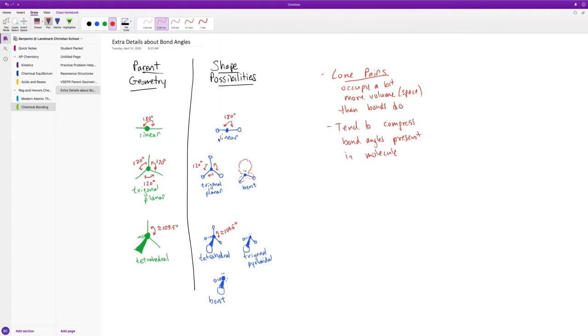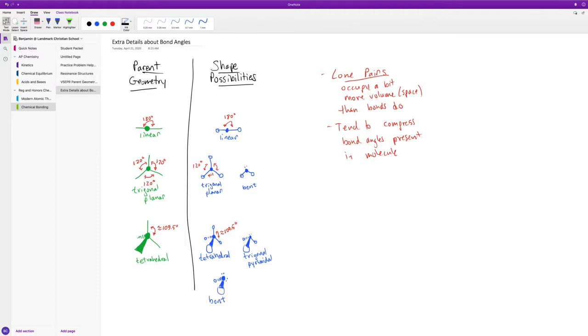So what we have to do is consider the parent geometry and then think about what the effect of a lone pair would be. In a molecule with this particular bent configuration, let me just erase the whole thing and redraw it. An example of this that we saw this week is sulfur dioxide. Sulfur dioxide has this bent configuration.